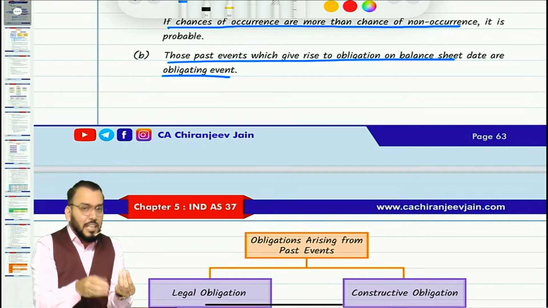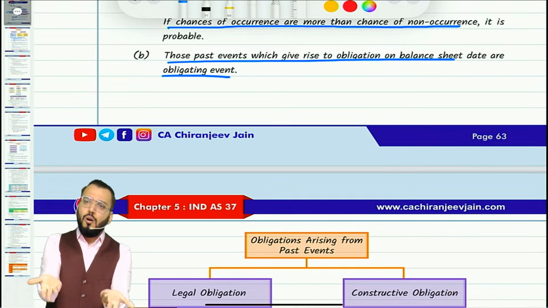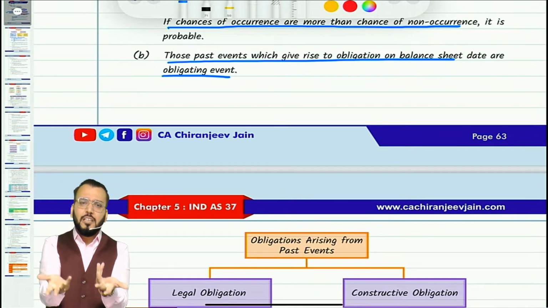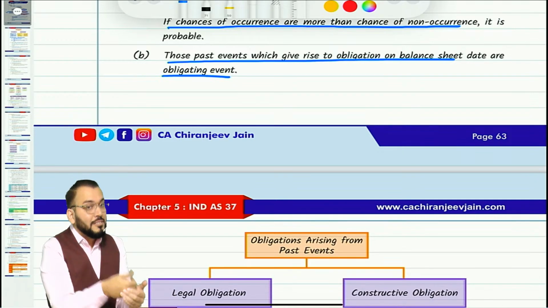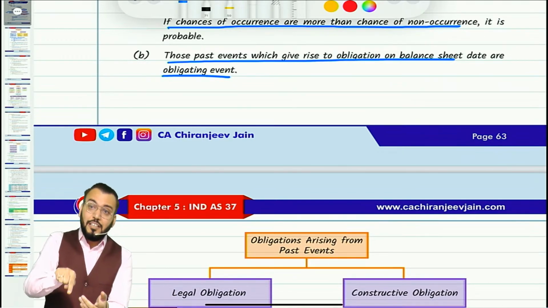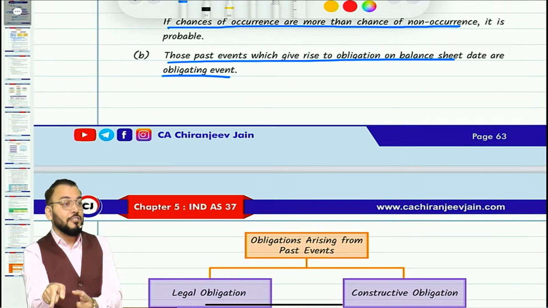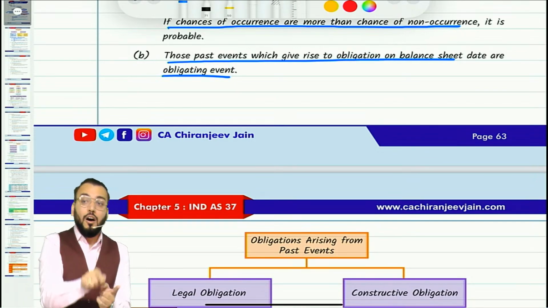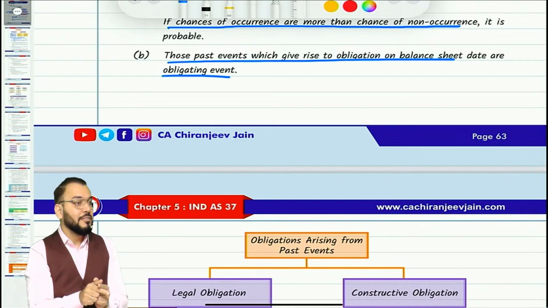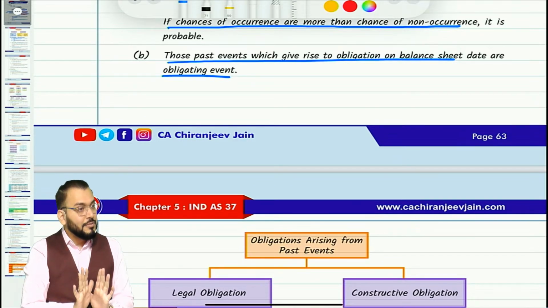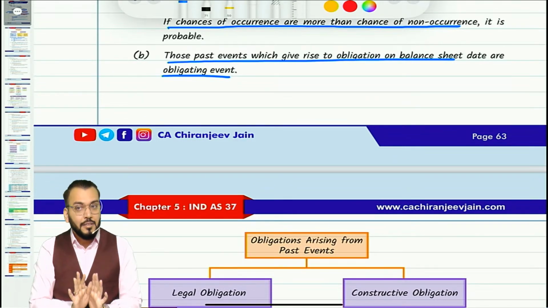Yes or no? Then only we can proceed. If there is no obligation on the reporting date, then this chapter is not applicable. Then you should find out whether it is a present obligation or not, whether outflow is probable or not probable, whether estimation can be made or cannot be made. Understood? Correct.